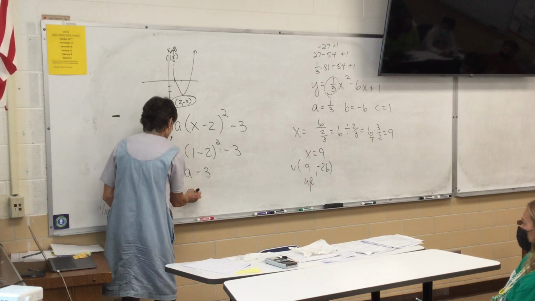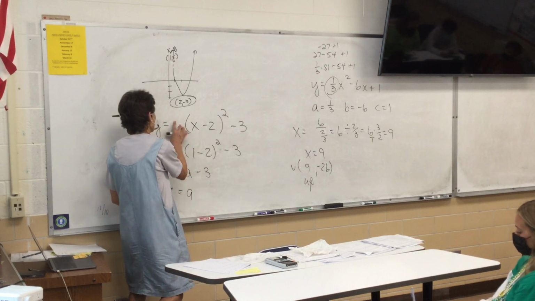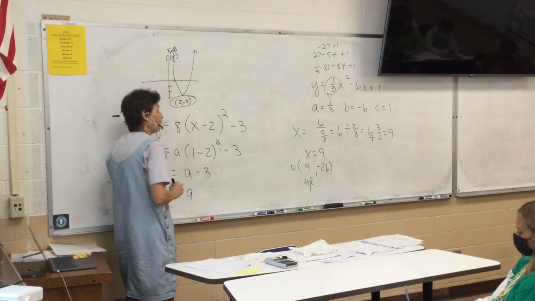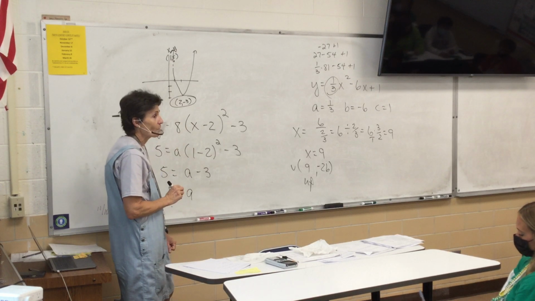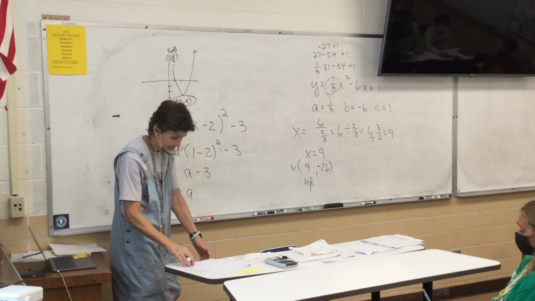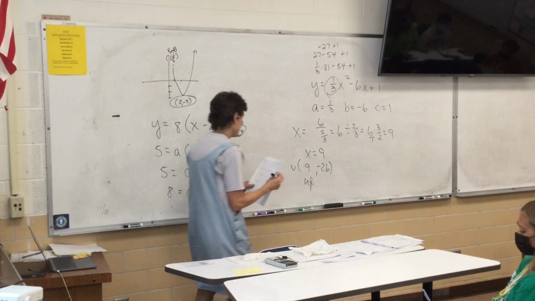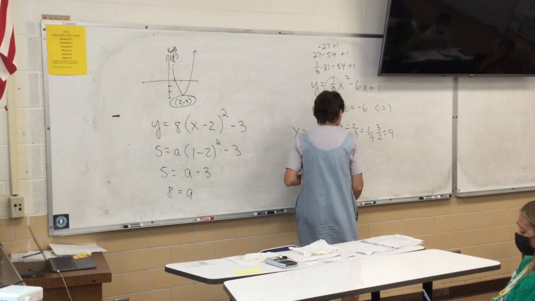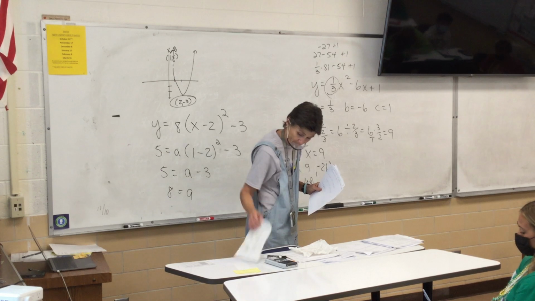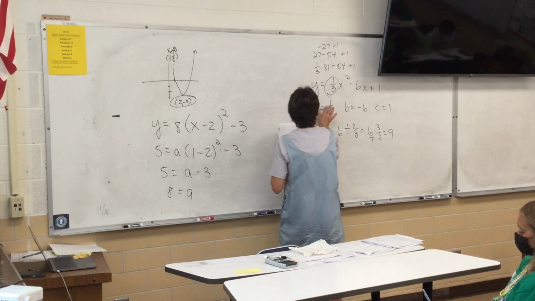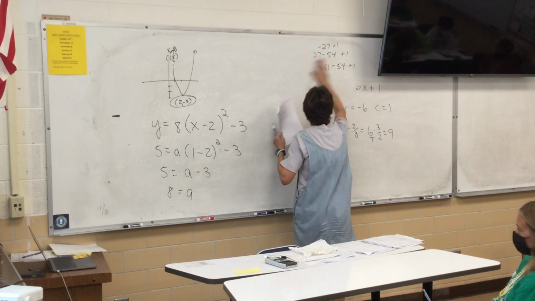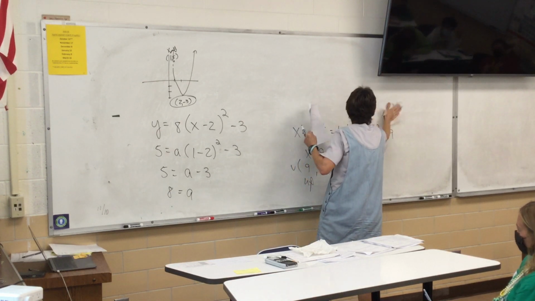So what's my a value going to be? 8. And there is your equation, that's all there is to it. That is easy. Tell me about the next one. What is the beginning framework of the equation going to be for the next one?